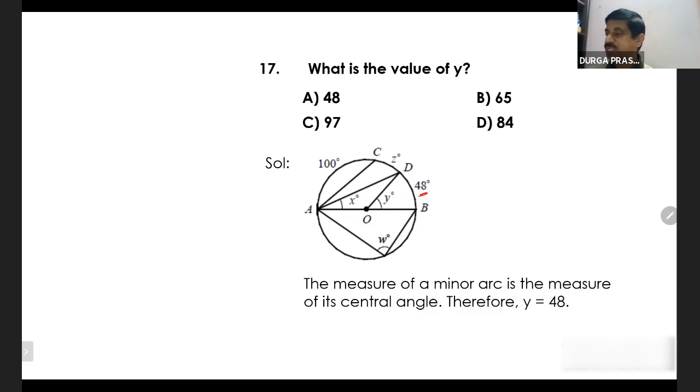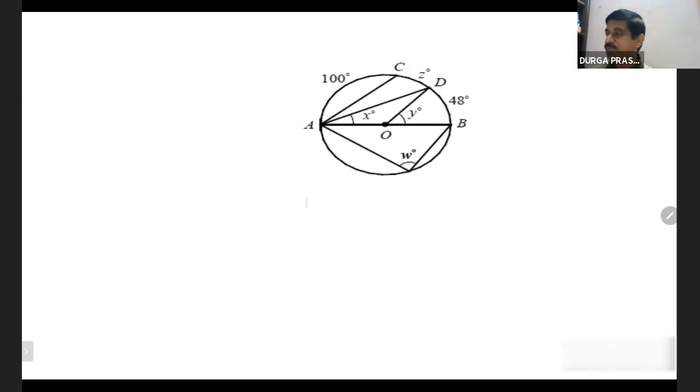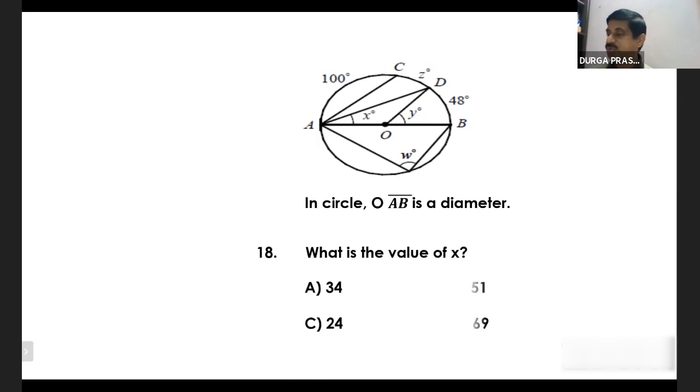So Y should be 48. So X should be half of 48, so that is 24. The angle at any vertex, this is A, but let us see what is X. X is half of 48, that is 24. So X is 24 degrees. So option C we have.